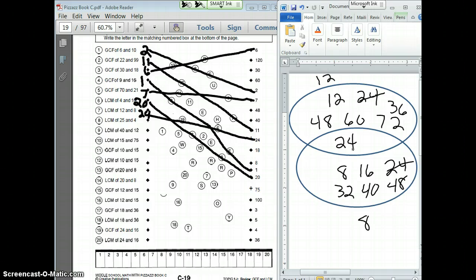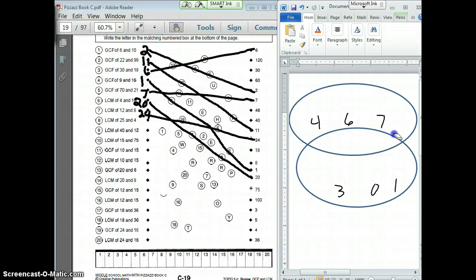Okay. And next we've got 25 and 4. Switch colors. 25, whoops, it's going to stay black. 25 and 4. Alright, factors or multiples this time.